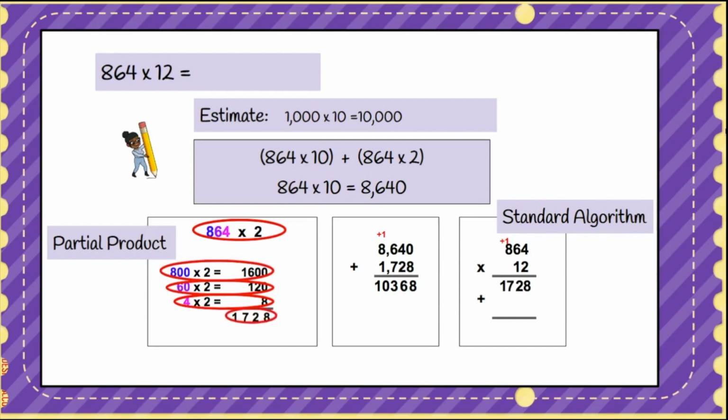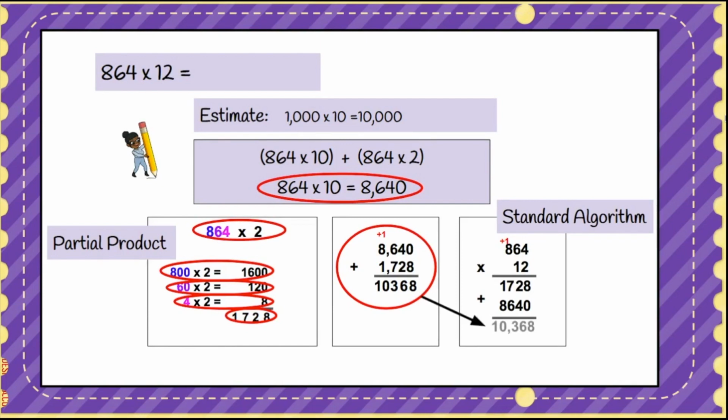Next, we're going to multiply 864 times 10, which is 8,640. And just like with the partial products, we're going to add together 1,728 plus 8,640 to get 10,368.